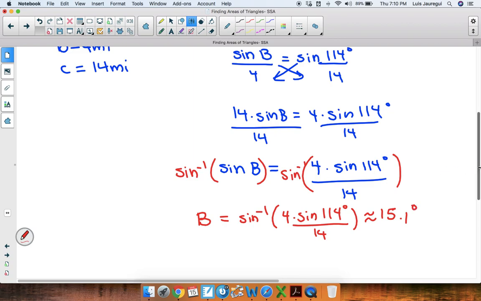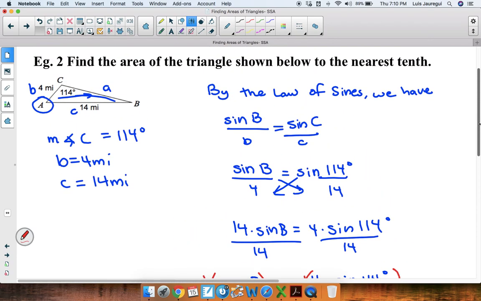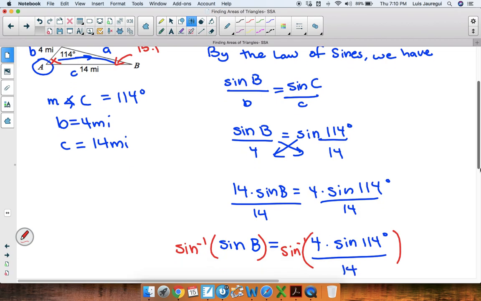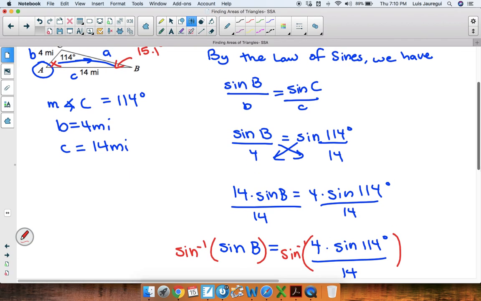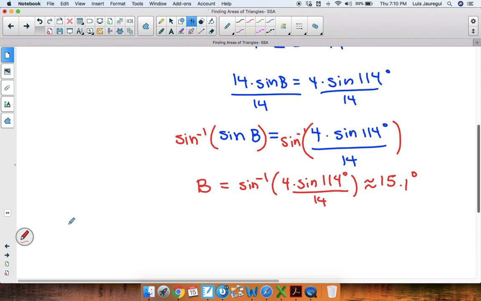Now, let's see if we have enough information now. Since we know that this angle here is about 15.1 degrees, can we figure out the measure for angle A? And to do that, we use the equation x plus 114 plus 15.1 is equal to 180. So let's write that down. So x plus 114 plus 15.1 is equal to 180.